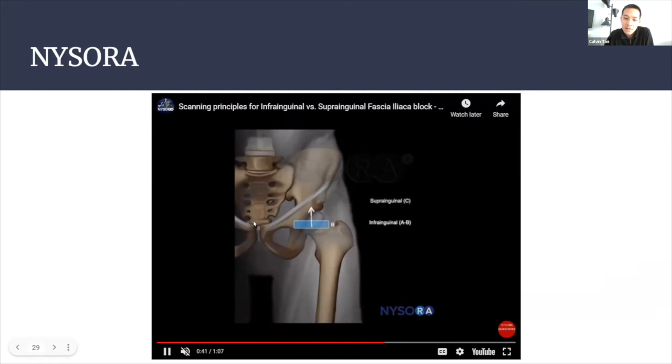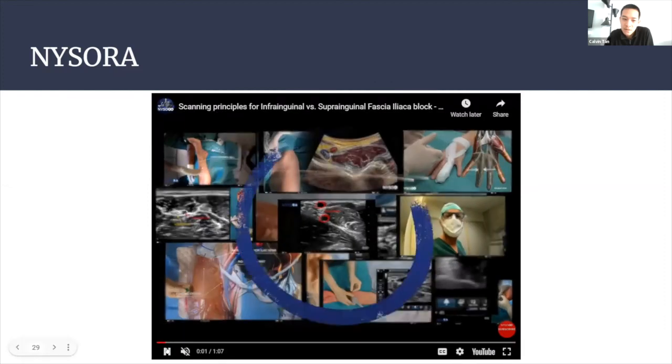Still going. All right. But this is really just to show you the ways you can move the probe for scanning purposes. Oh, I just started again.